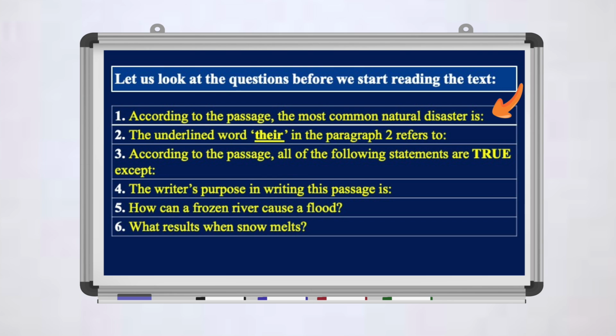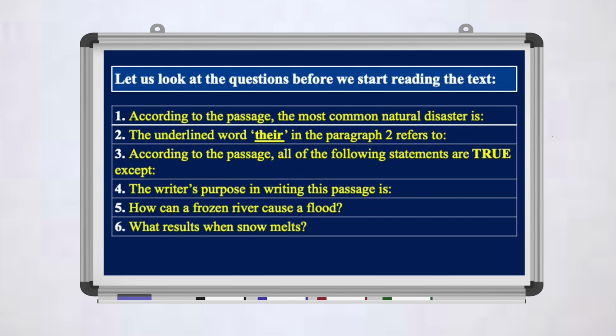So let us look at the questions before we go and read the text. For question number 1, it says, according to the passage, the most common natural disaster is. So this gives us the idea that the text is going to be about natural disasters. Number 2, the underlined word there in paragraph 2 refers to.